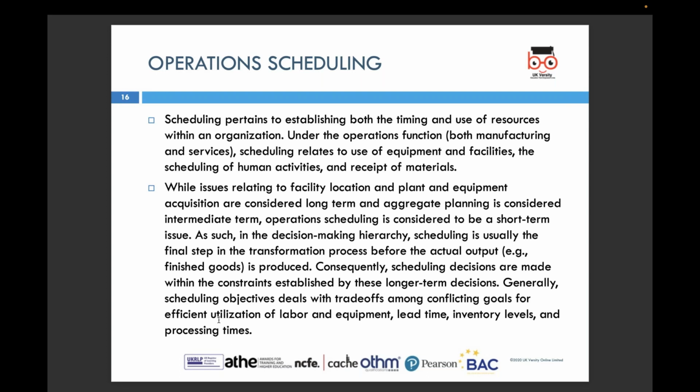In the decision-making hierarchy, scheduling typically takes place as the final step in the transformation process before the actual output, such as finished goods, is produced. Therefore, scheduling decisions are made within the constraints established by these long-term decisions.